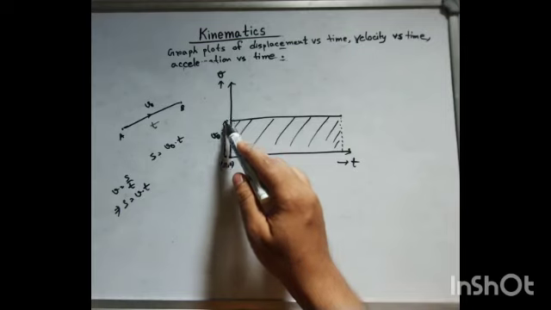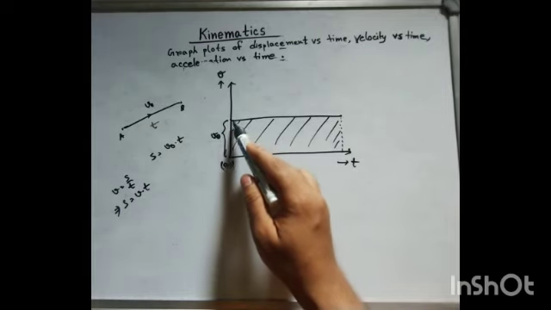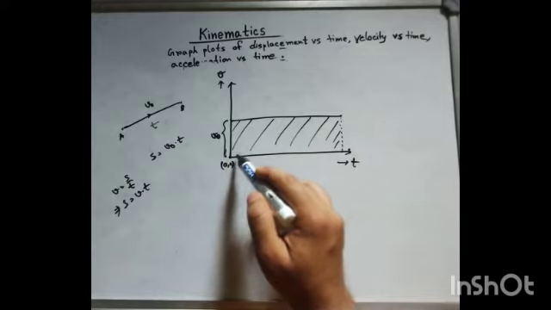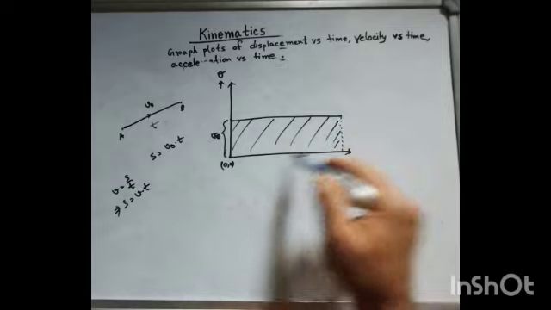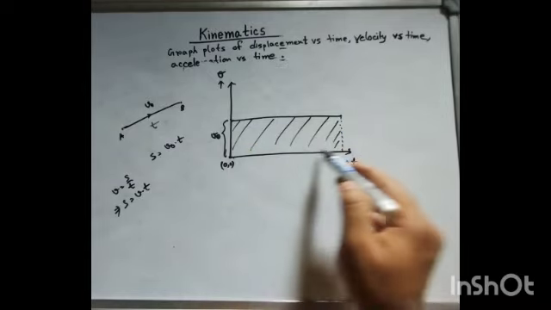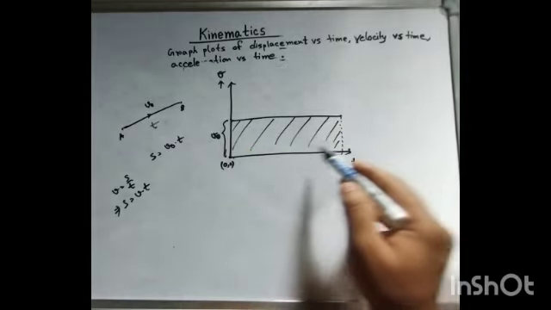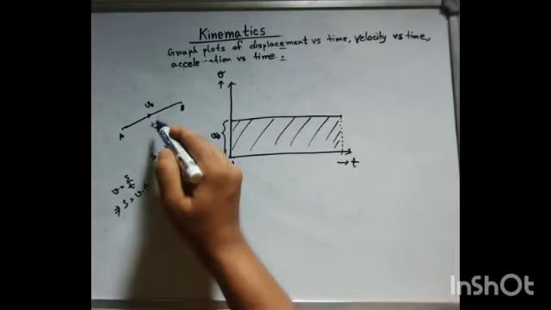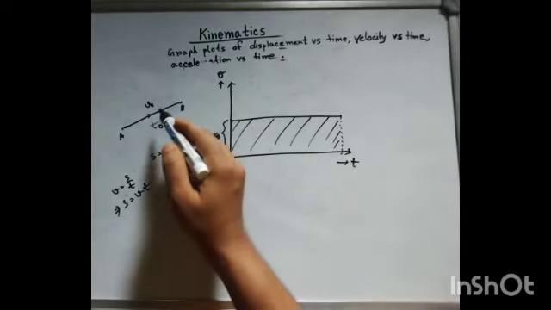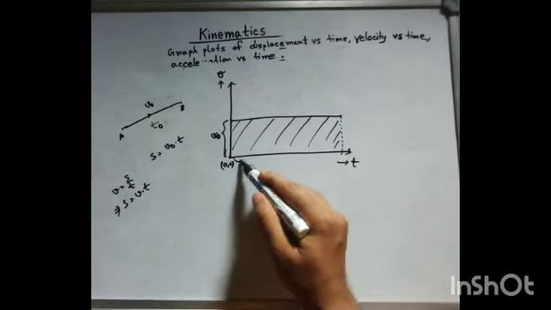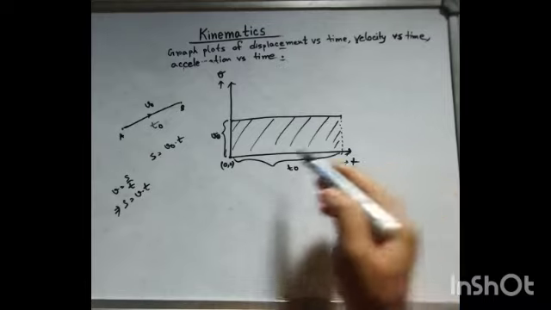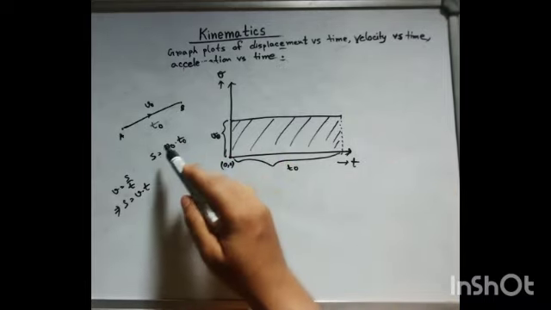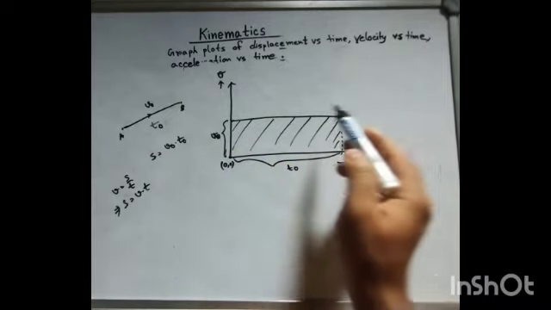Suppose this is v naught, because you know the area of a rectangle is length into breadth, so v naught, and this length is t. Suppose I say you take time t naught, so this length must be t naught, so v naught into t naught will be your displacement.